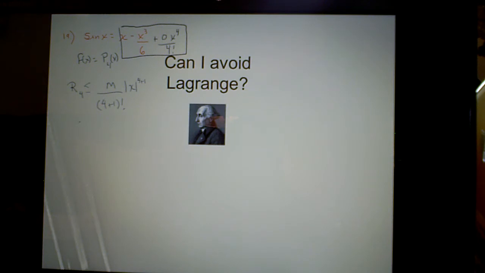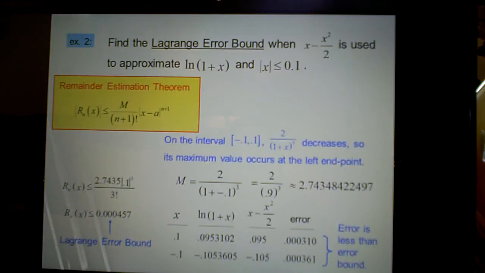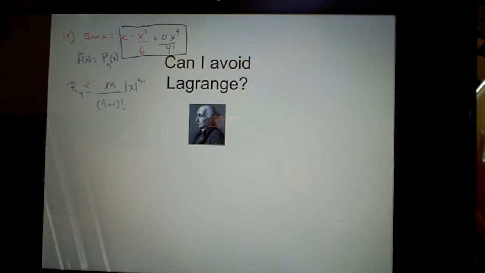Right, now this time they're asking me to solve for x, so the things that I need to fill in are this m, and I need to solve for this x.